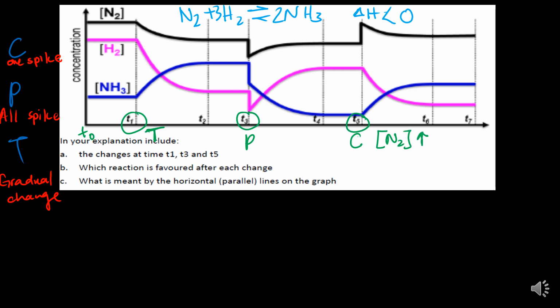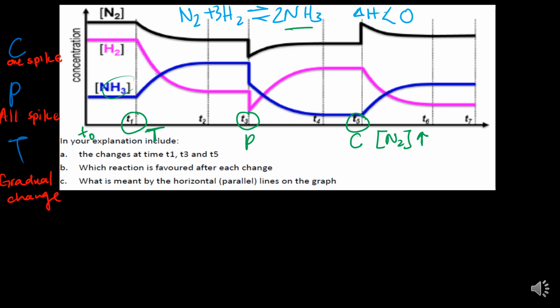While at T1, we can still figure out whether the temperature was increased or decreased by looking at which is favored. Is it the forward reaction or reverse reaction after the disturbance? How do we see that? Remember, if the forward reaction is favored, then the concentration of the product is going to increase. In this instance, NH3 is a product, and if you look after the disturbance, the NH3 concentration increases, right?